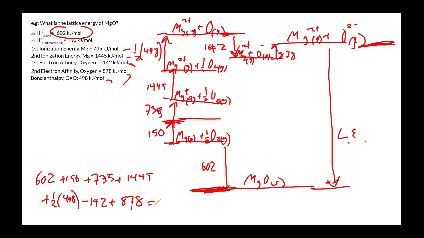When I sum that all together, I find out that the difference between the ionic compound and the ions in their gaseous state is 3917 kilojoules. So that's the lattice energy.